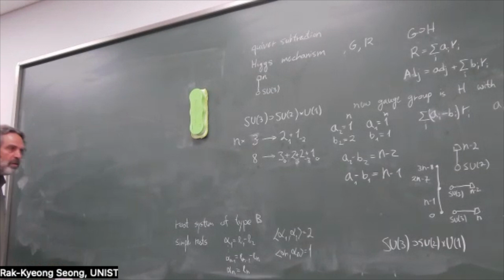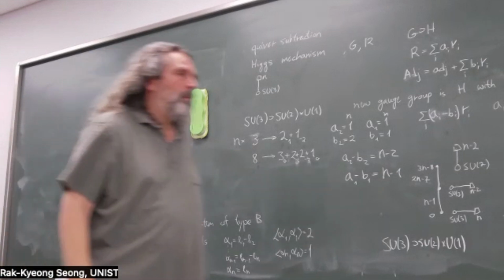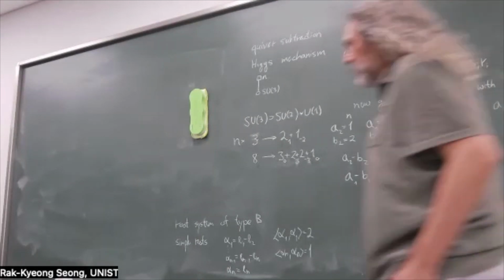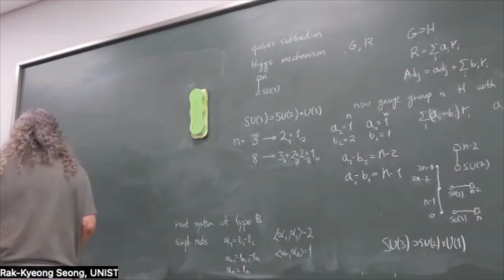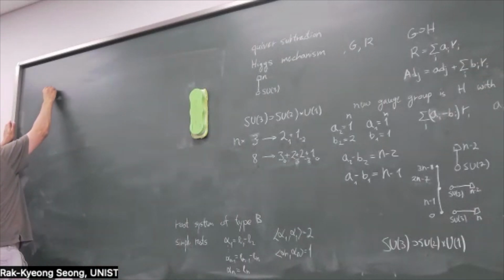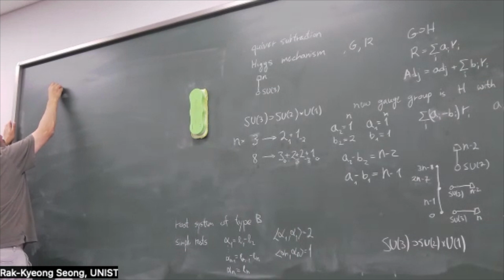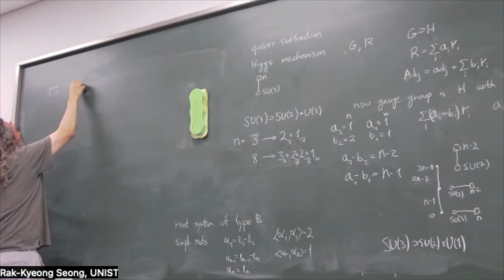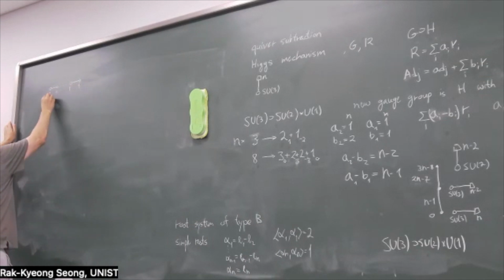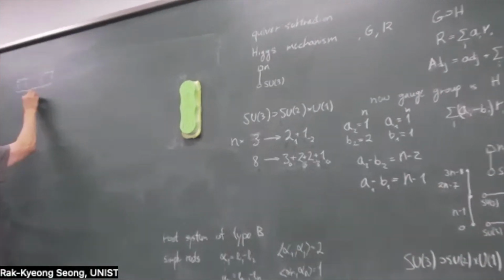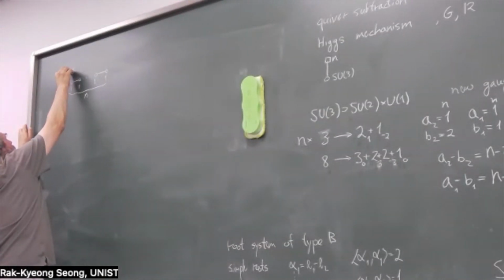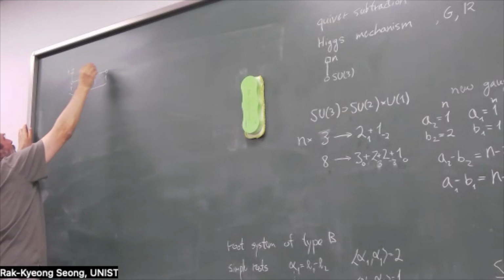For quiver subtraction, we will take two basic quivers. So this has n nodes and one flavor here, one here.